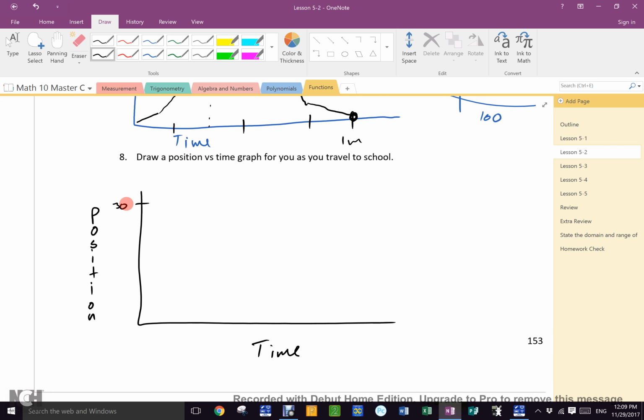Yes? Sure. Do you go on the highway when you go to school? I do. Is it really busy in the morning? Weirdly, Tasha, the difference is a couple of minutes. If I leave my house at 7:20, almost a straight shot to school, almost no traffic. If I leave my house at 7:25, horrible traffic. Very weird. If I leave at 6:30 because I want to be here really early, I almost go light speed. I almost get here before I left. So how fast do you go on the freeway? 120 kilometers an hour. Oh, speed limit's 110.